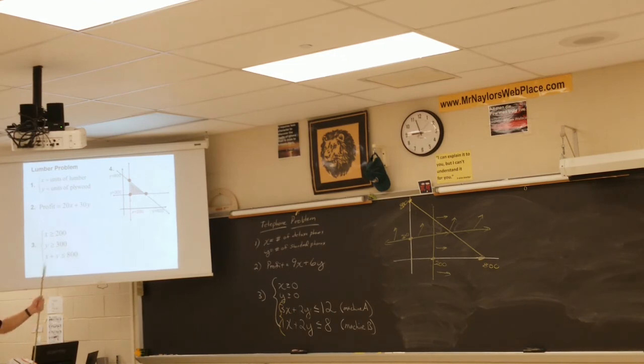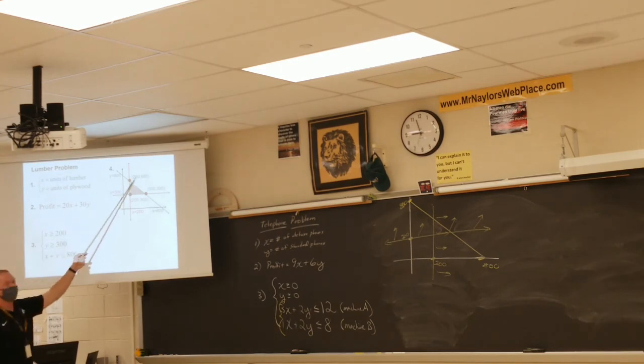What's left to equal 800? See how I'm substituting, but it's a simple substitution. I'm substituting into my diagonal equation. Same thing up here.